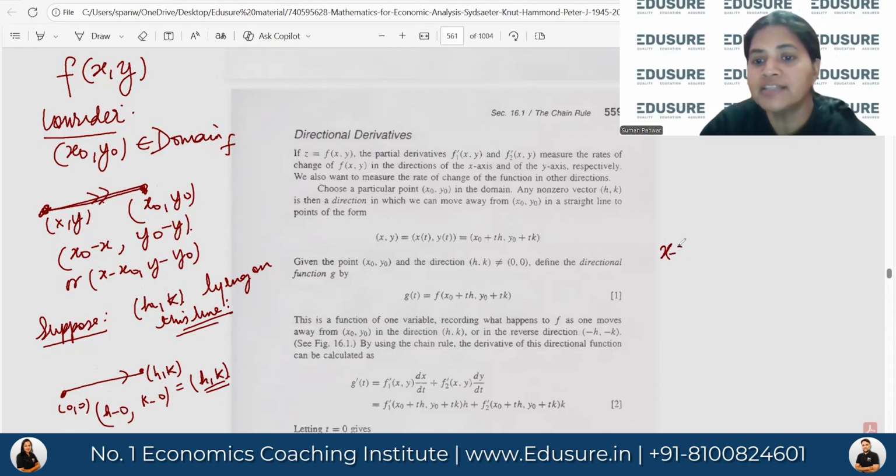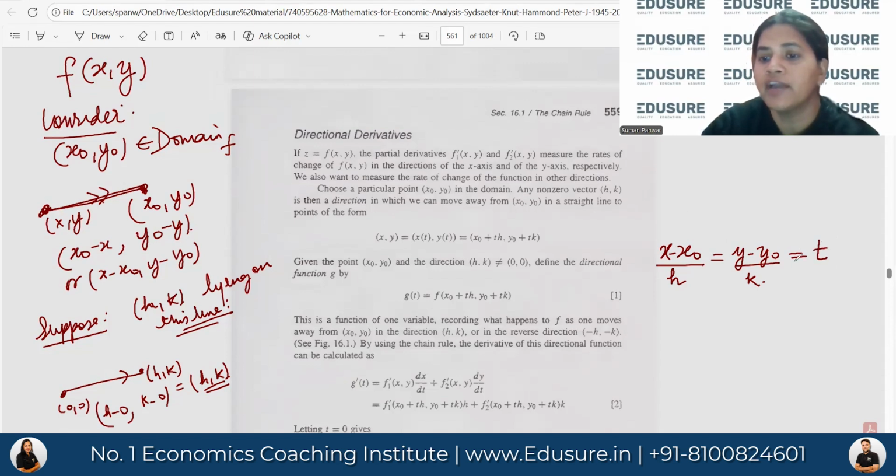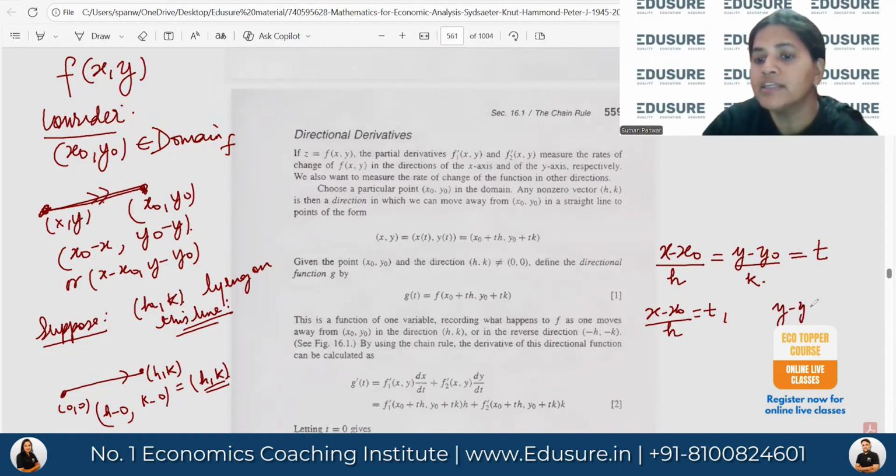So x minus x naught upon h should be equal to y minus y naught upon k. That is how direction ratios are proportional. Suppose this is equal to t, where t is a constant. Then x minus x naught upon h equals t and y minus y naught upon k equals t.